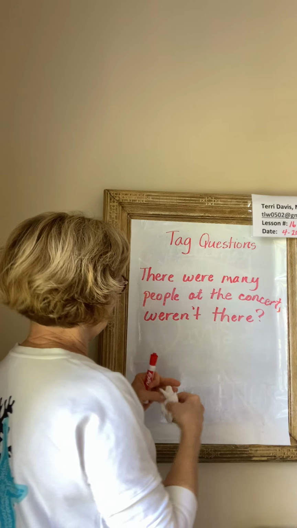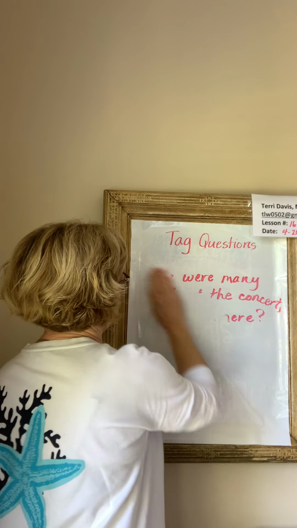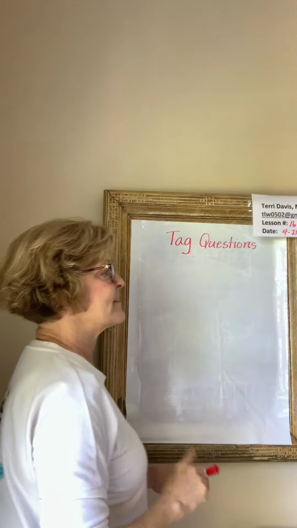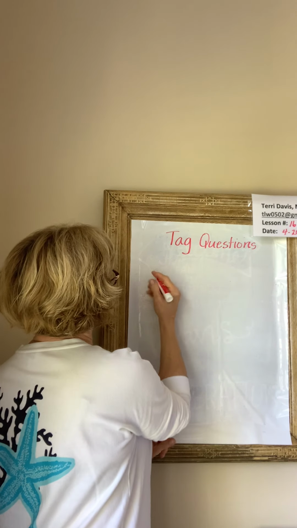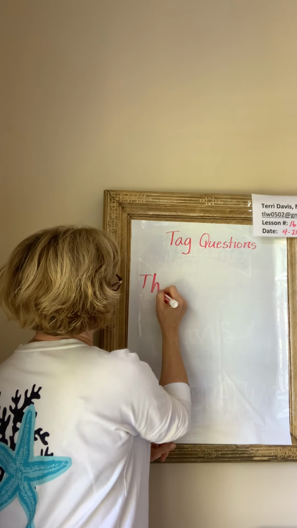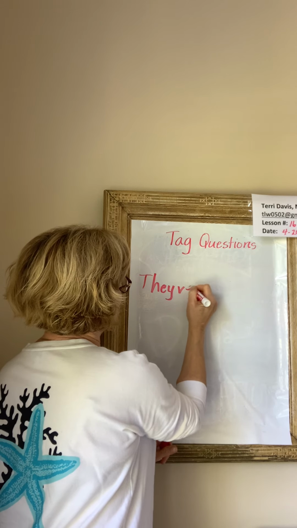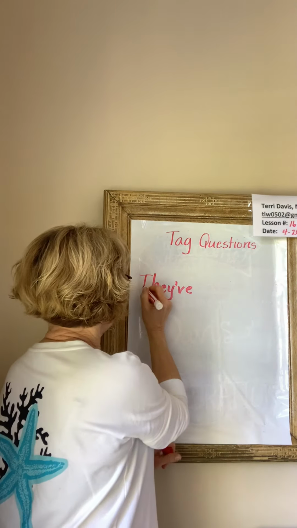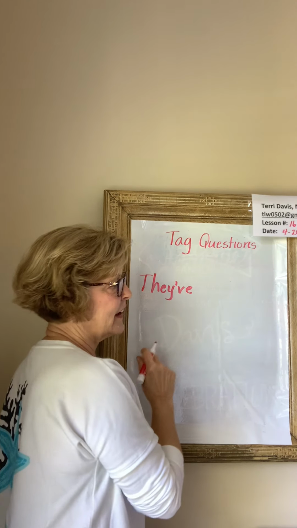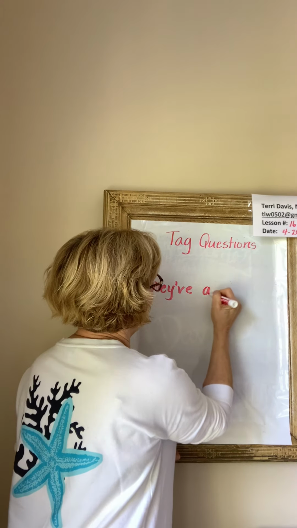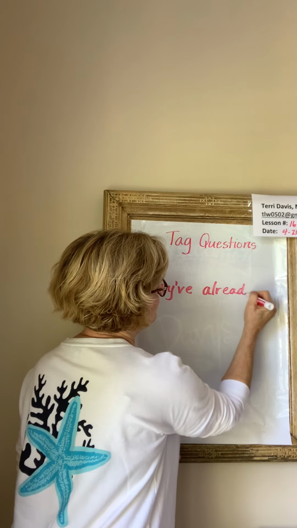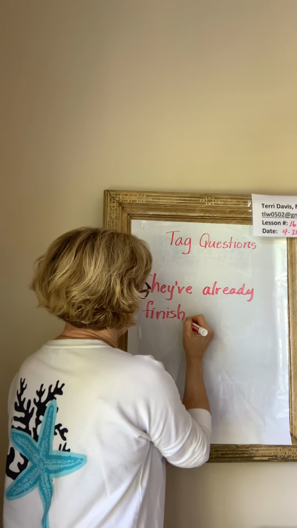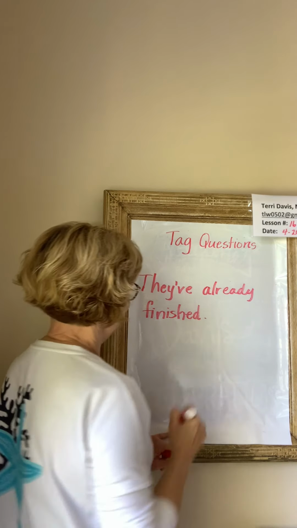And one using the auxiliary verb have. They've, which we know is they have, as a contraction here. They have, or they've, already finished.